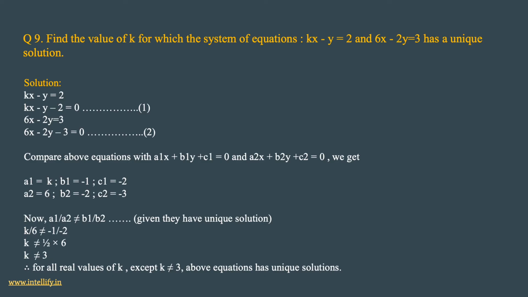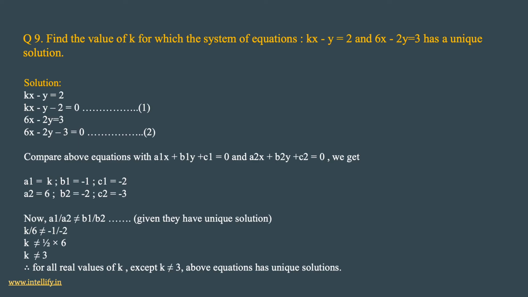By comparing these two equations, we will get the values of a1, b1 and c1, which is a1 is equal to k, b1 is equal to minus 1 and c1 is equal to minus 2. Also, we will get the values of a2, b2 and c2, which is a2 is equal to 6, b2 is equal to minus 2, c2 is equal to minus 3.